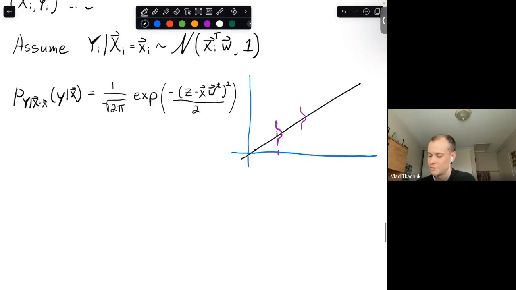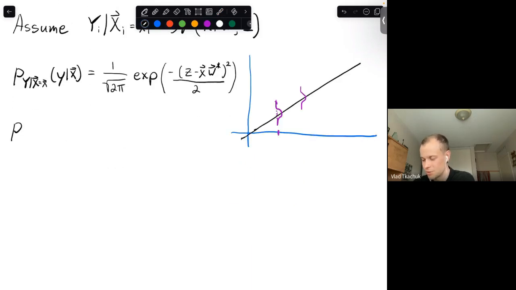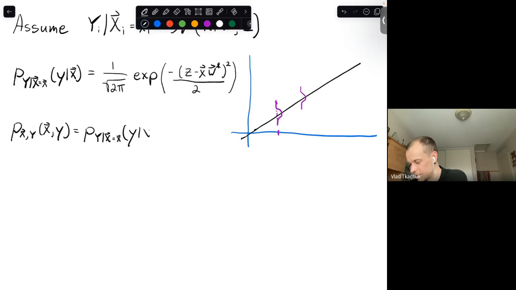For this, I'll first give you a property, the product rule for probability density functions. You might remember that if you have the joint PDF, you can rewrite it as the conditional, y conditioned on little x, of y given x, times the marginal.